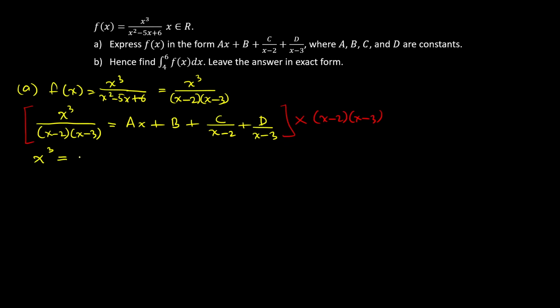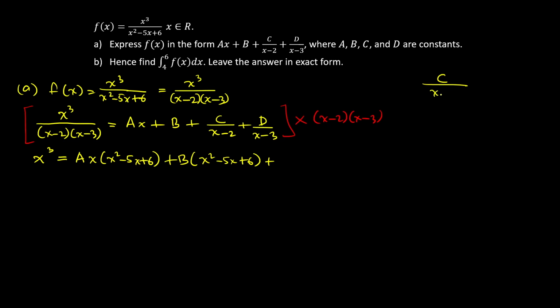That equals a times x times this whole expression again, which is also the same as x squared minus 5x plus 6, the expression before we factorize, plus b, and again with this polynomial, x squared minus 5x plus 6, and then plus c.